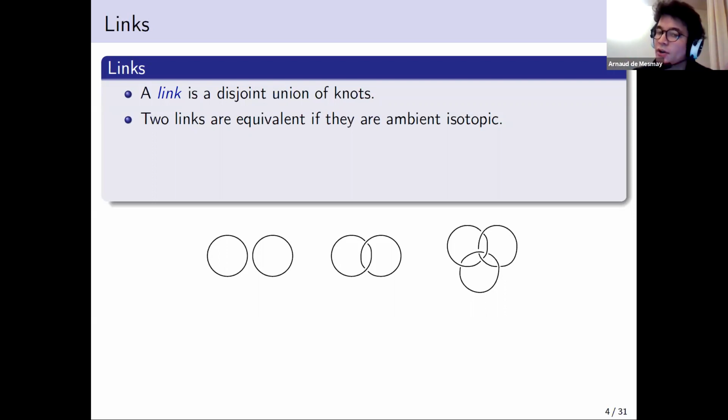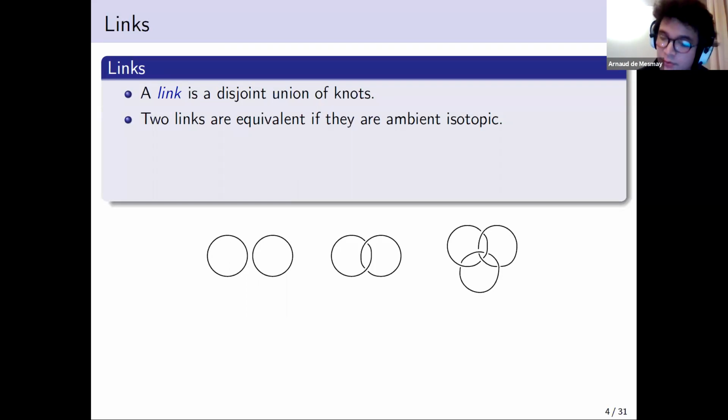So together they're unlinked, but the third one locks them in. So these examples show that even with only unknots, basically, you can create some complexity. You can create some very non-trivial things, and this will be important in our story.